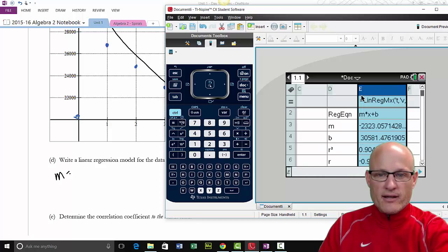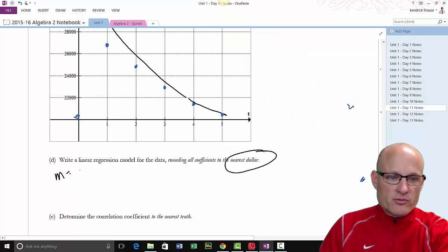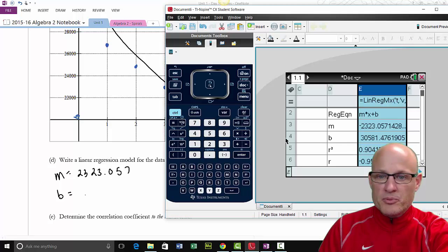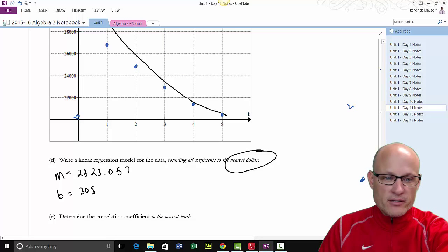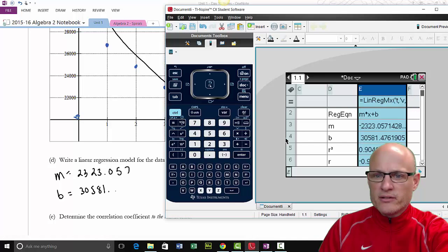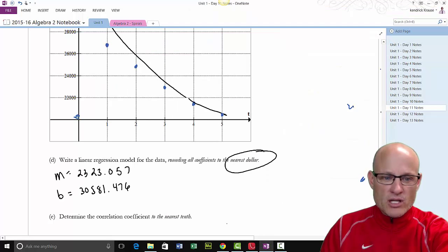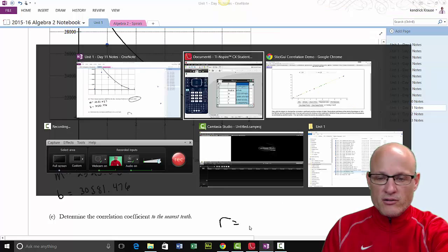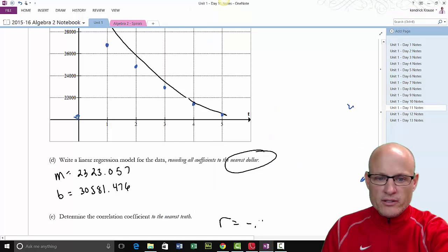So negative 23.057, and my y-intercept would be 30,581.476. And while I'm here, let me get this correlation coefficient. R equals negative 0.9508.